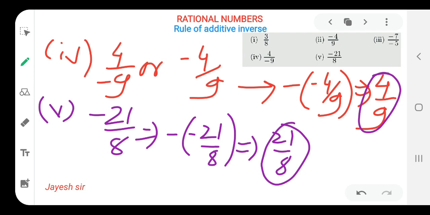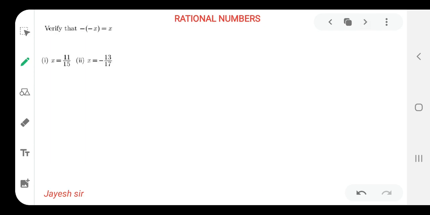Let's move to our next topic, that is verification of minus minus x is equal to x. As we all know, the value of x and minus minus x is similar, but here it is asked to verify that. So let's verify. The value of x for the first sum is 11 by 15.